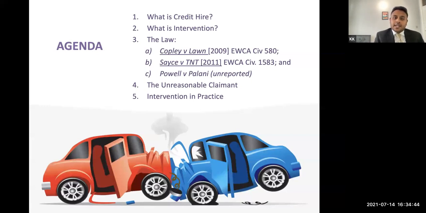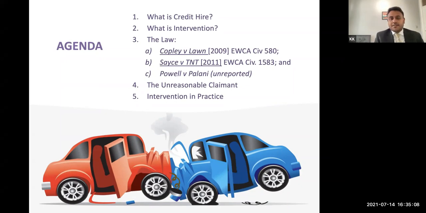I will also be looking at the decision of Powell and Palani, which was an unreported decision, but it provides a useful insight into intervention and how it may well be interpreted depending on the facts of the case, and of course the sort of tribunal that you fall in front of.